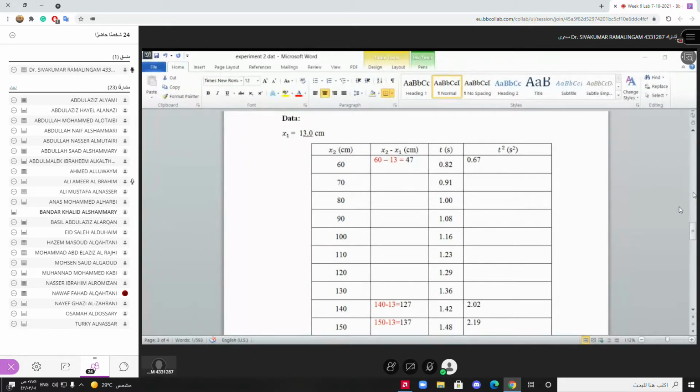Once you finish copying, you tell me. Doctor, I have to take the average theta for G. Am I right? Yes, yes.